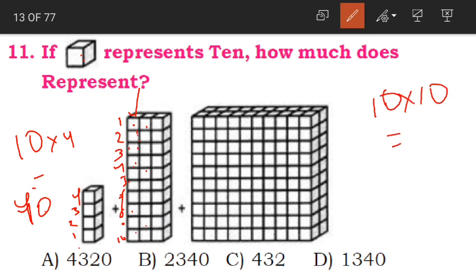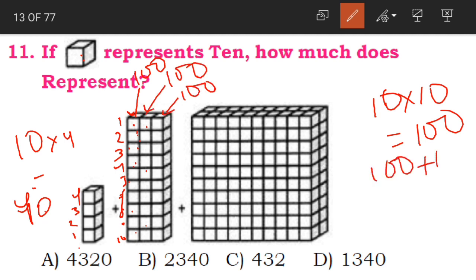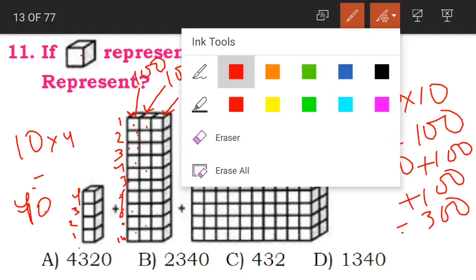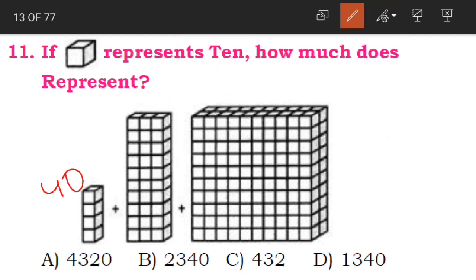So we are having 10 blocks. 10 into 10, 100. This is 100 and this is 100 and this is 100. We are having 3. 100 plus 100 plus 100 is equal to how much? 300. Clear? The first block is 40. The next set of blocks is 300.